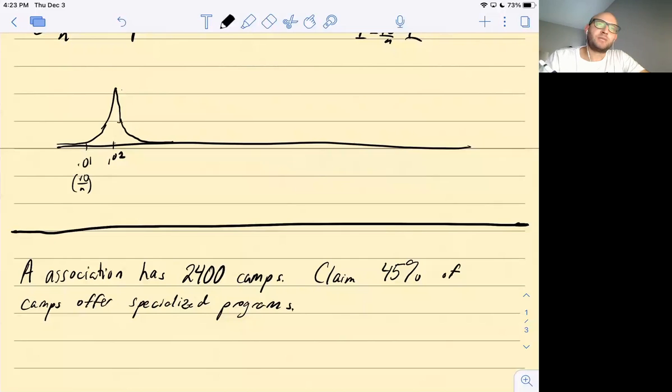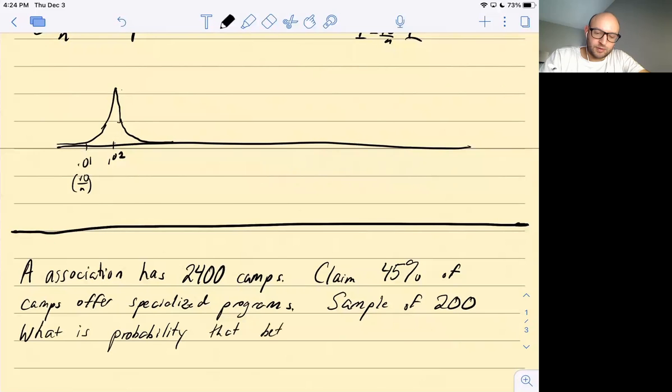If we do a simple random sample of 200, what is the probability that between 40 and 50% of those offer the program?